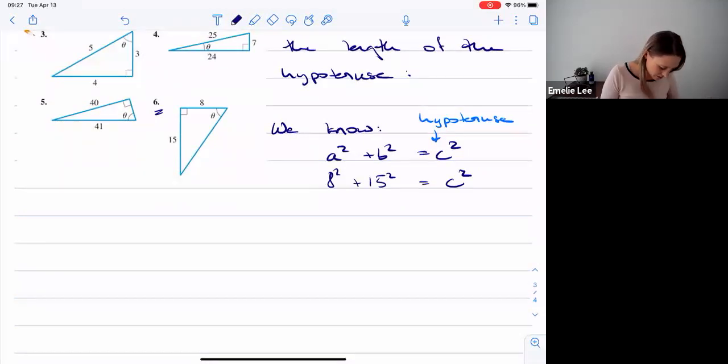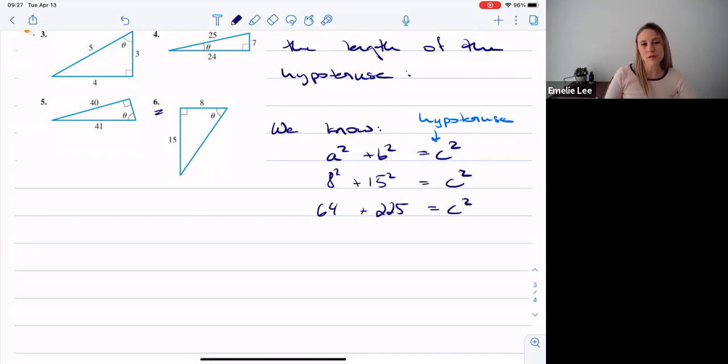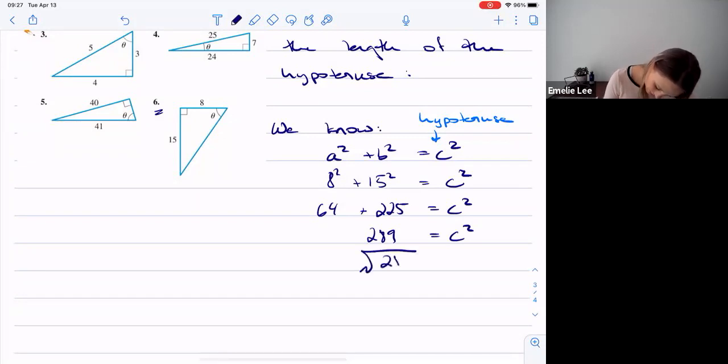Eight squared is 64, and 15 squared is 225, equals c squared. So 225 plus 64 is 289. Solving for that length, I have to take the square root of both sides.